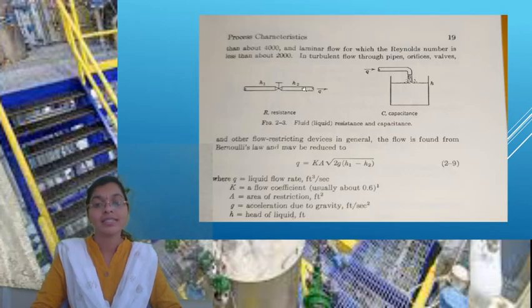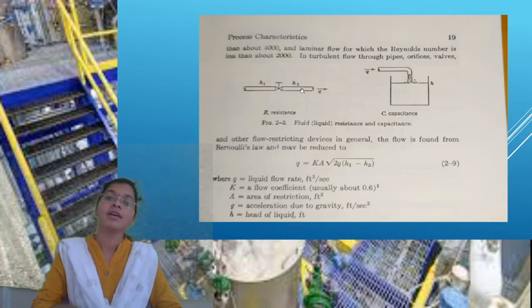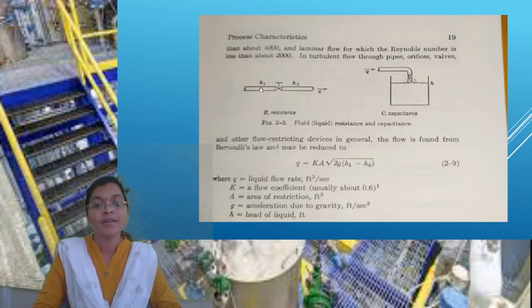What is the resistance definition? It is the opposition of flow of current. Here we are not using current; we are using some liquid or fluid, which will resist the flow of a fluid. So in any process, if you have any pipe connection, that will act as a resistive element.